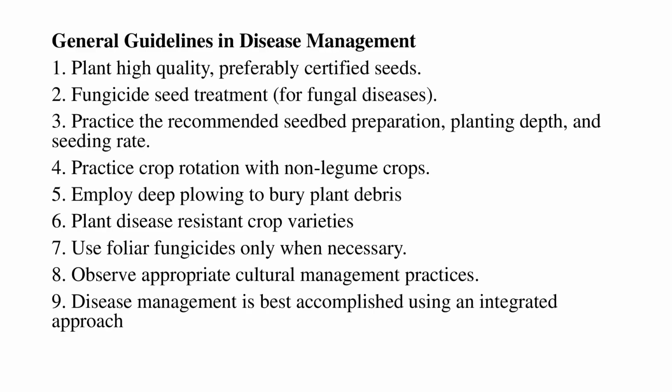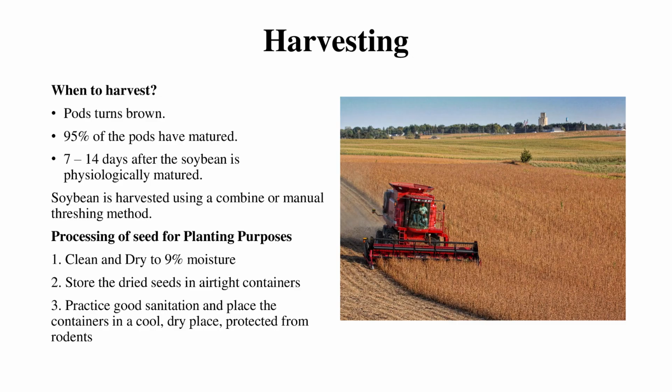Fifth, employ deep plowing to bury plant debris, plant disease-resistant crop varieties, and use foliar fungicides only when necessary. Observe appropriate cultural management practices. And lastly, disease management is best accomplished using an integrated approach.